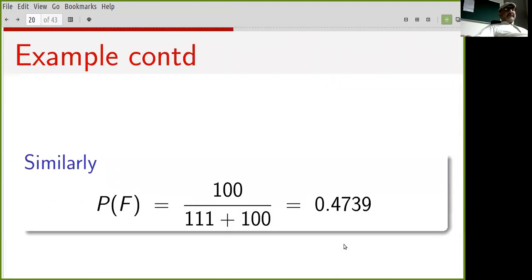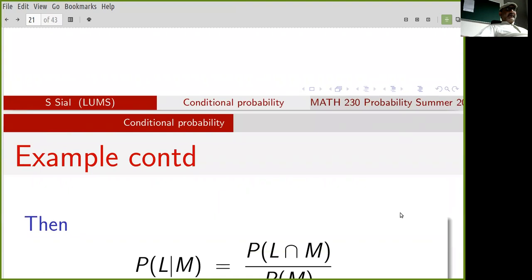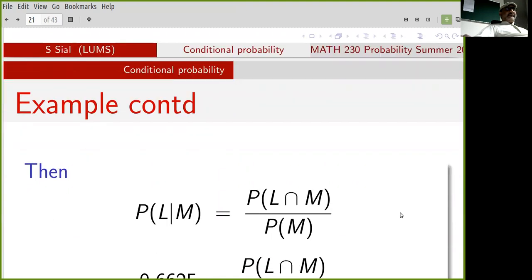And similarly for female, the probability that an adult Pakistani is female is 100 over 111 plus 100. That's equal to 0.4739. Okay, so now let's see if we have enough information to do the problem.